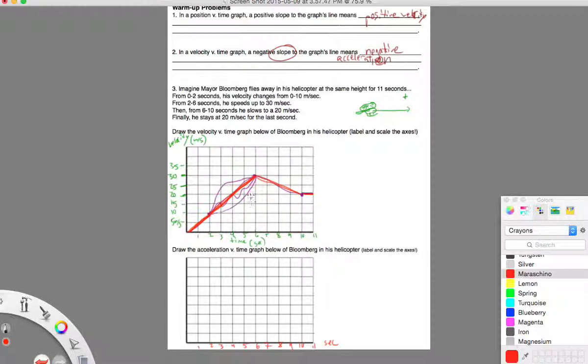And just eyeballing this value right here, I'd say that's if you go down 10 and over, what is that? I'm going to say down 10 and then over, 1, 2, 3, 4, over 4. So that's negative 10 over 4, which is about negative 2.